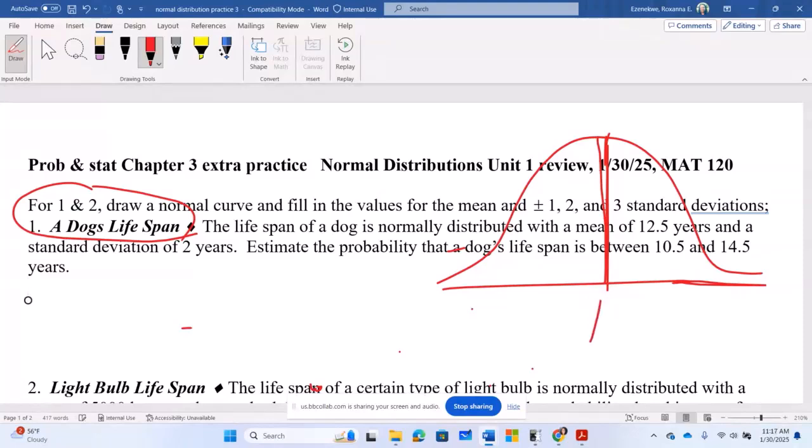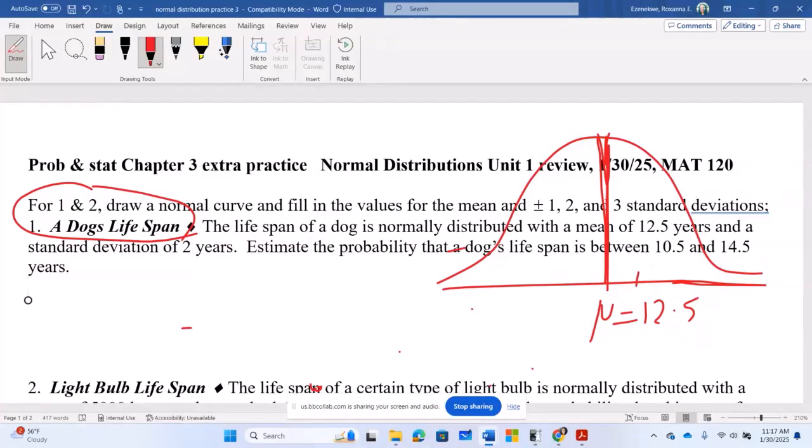So in this particular question, we are told that the lifespan of a dog is normally distributed with a mean of 12.5 and a standard deviation of 2. So if the mean is 12.5 and the standard deviation is 2, a dog that is 1 standard deviation above the mean is going to be 12.5 plus 2.